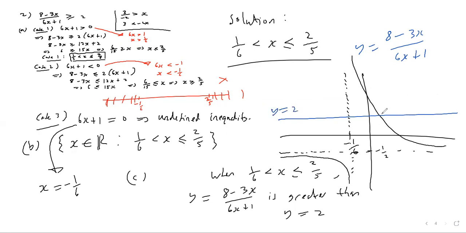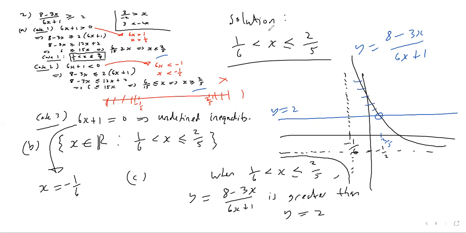What we can see then is that we've got a point of intersection here, and this point of intersection is going to be the 2/5 that we found there and there. So when x is between -1/6 and 2/5, this graph is bigger than the y equals 2 graph.